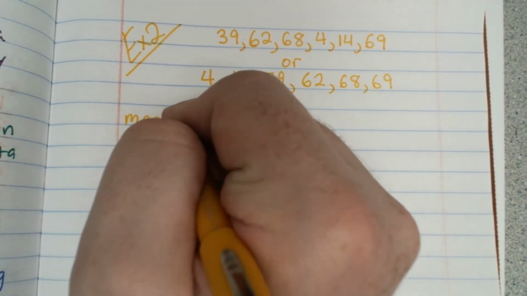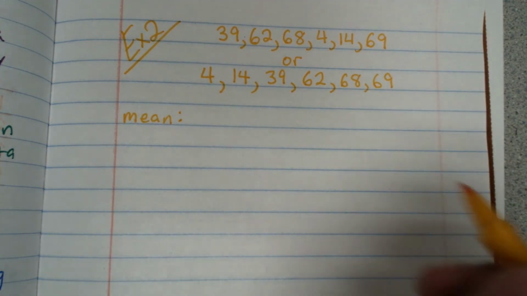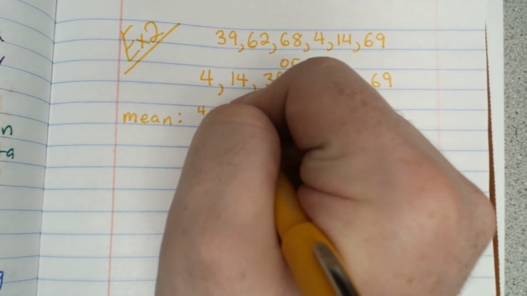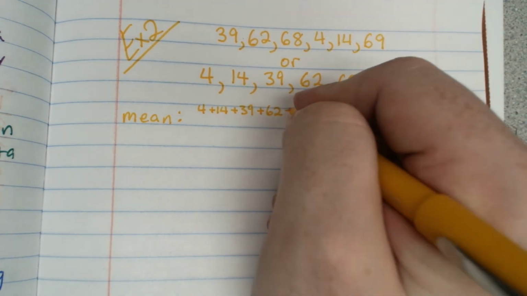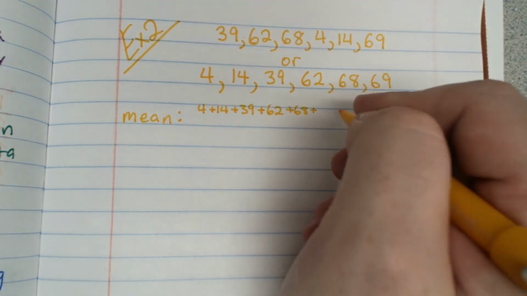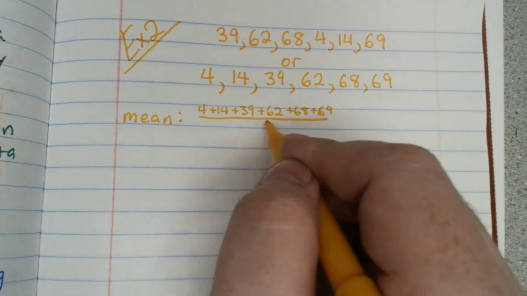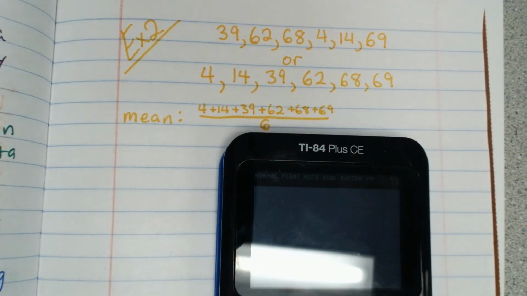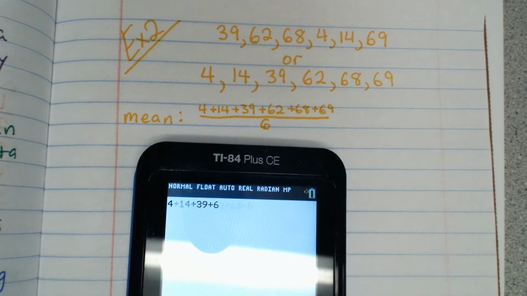Our mean, again, is the sum of the numbers divided by the number of data values. So we're going to do 4 plus 14 plus 39 plus 62 plus 68 plus 69 all over 6. So that is 4 plus 14 plus 39 plus 62 plus 68 plus 69.